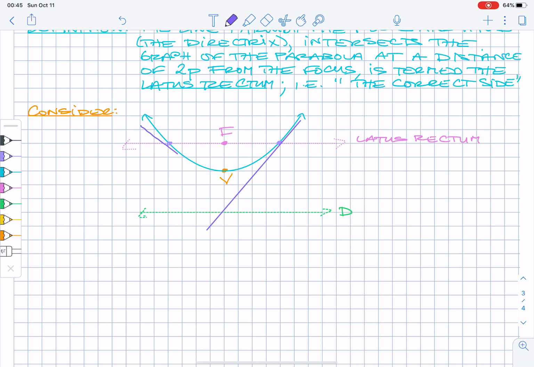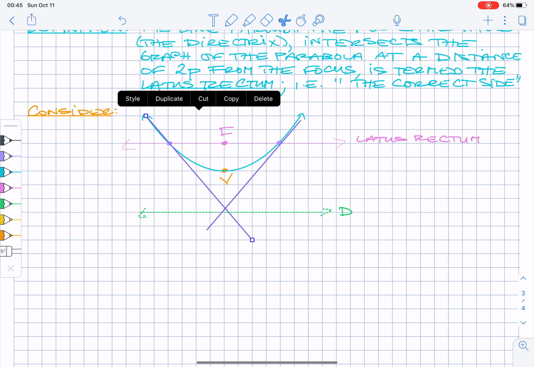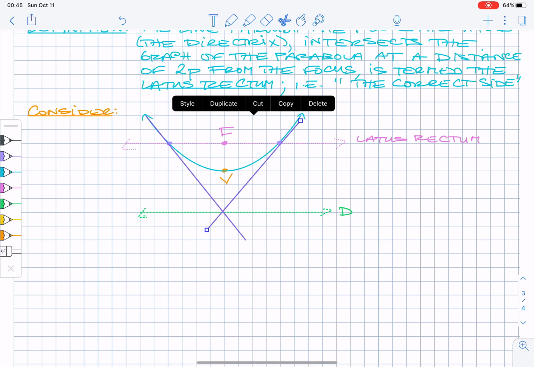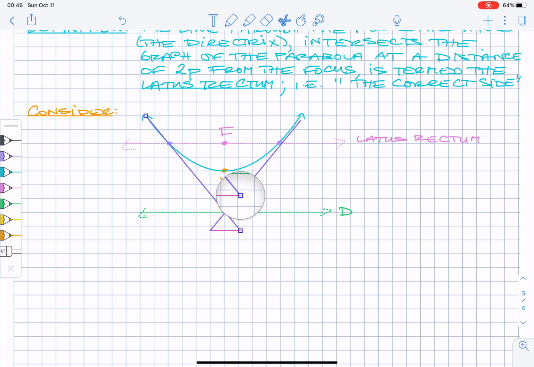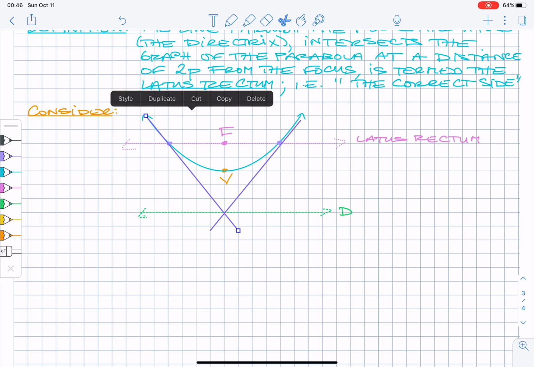But if I had done a good graph, which is what I had hoped to do but completely failed at, we would have had that both the tangent lines intersect at the directrix. Okay, come on, why is this not working?